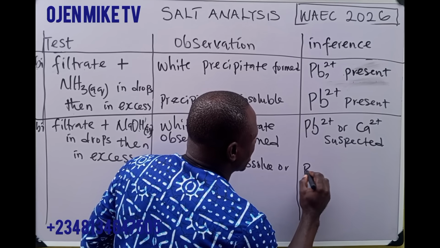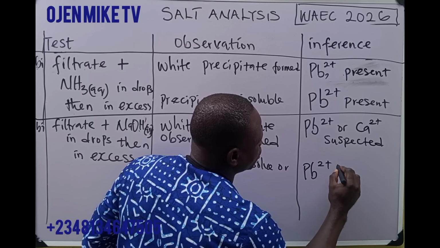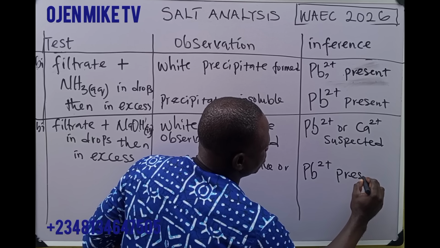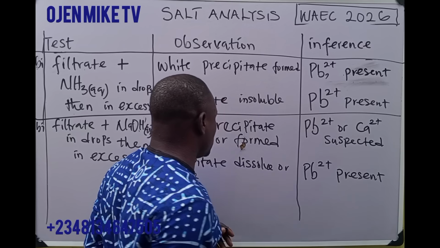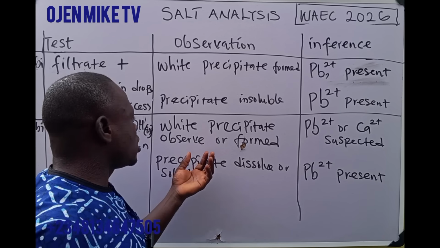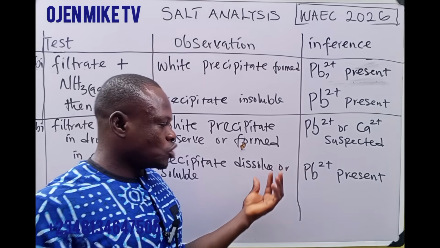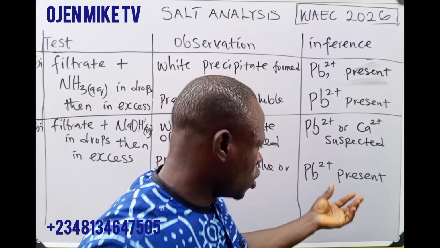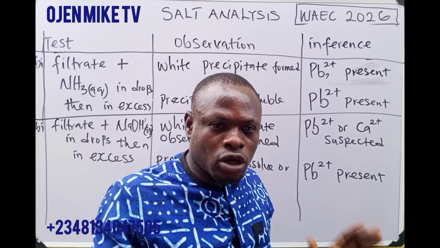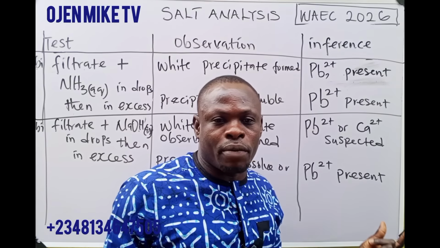This is to say that lead 2 ion is present. When the precipitate is soluble in a solution containing lead ion, when you add excess of this sodium hydroxide, lead 2 ion will be soluble. You see a clear solution. But it is not a confirmatory test.